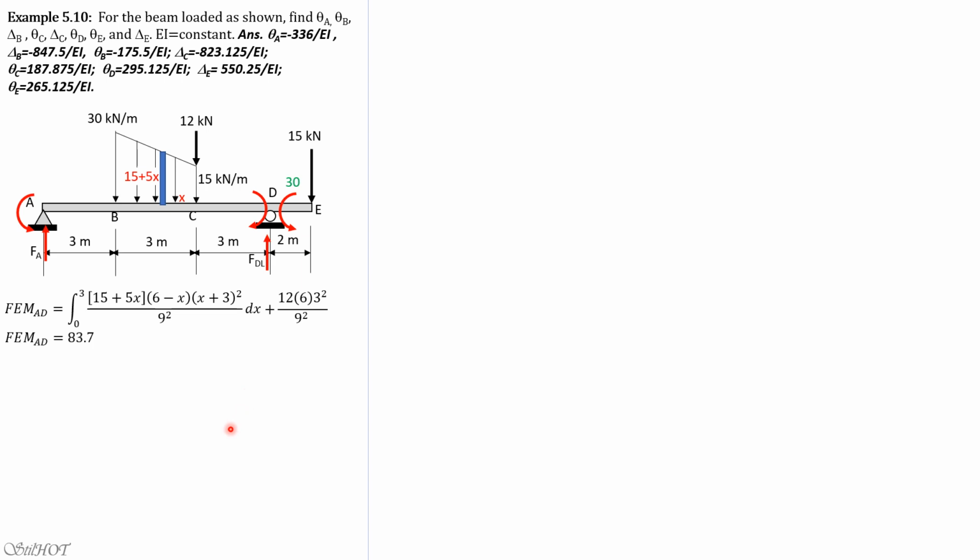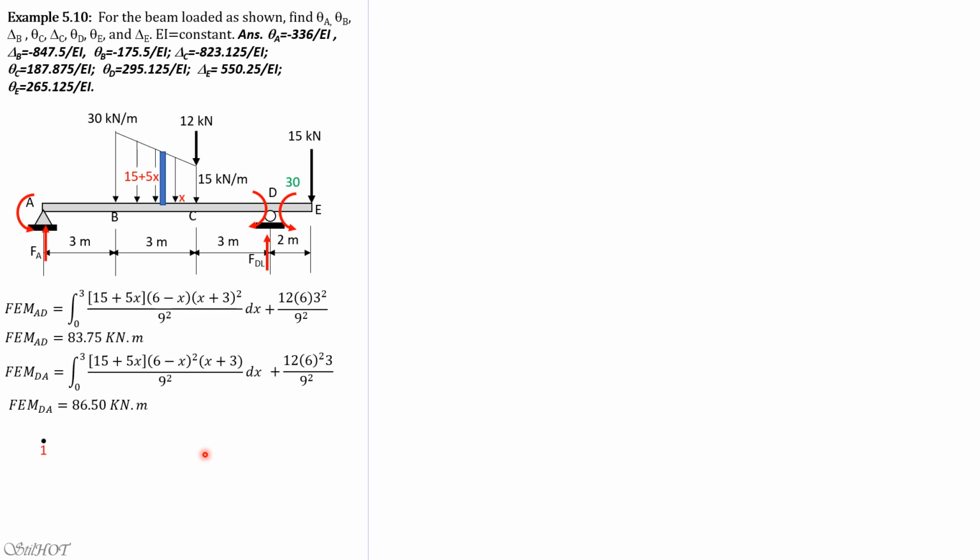So fixed moment AD would be 83.75 kilonewton meter. Fixed moment DA, on the other hand, is the same integral, except that 6 minus x is now squared, and 12 times 6 squared times 3 over 9 squared. X plus 3 is not squared anymore. So fixed moment DA is 86.5 kilonewton meter.